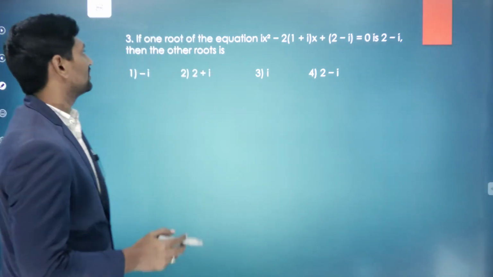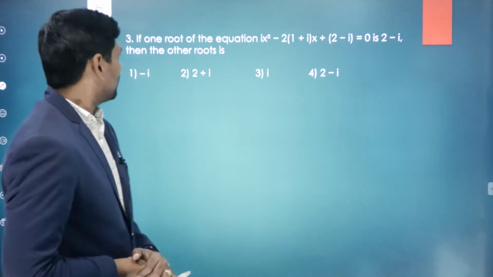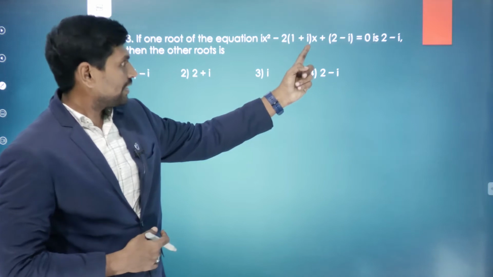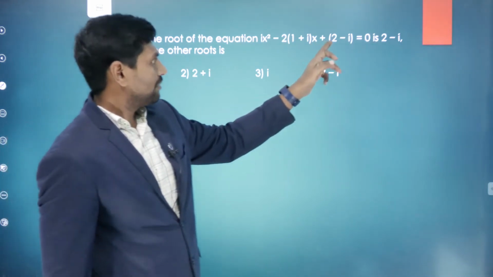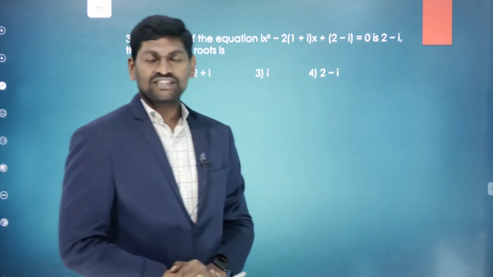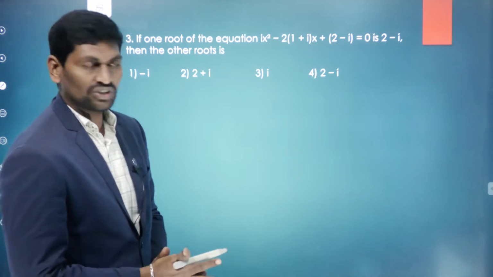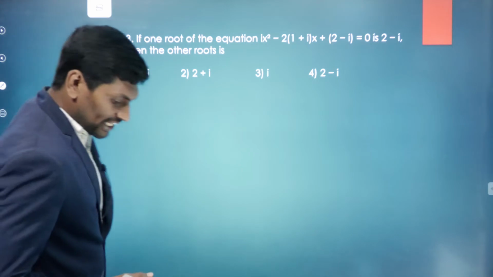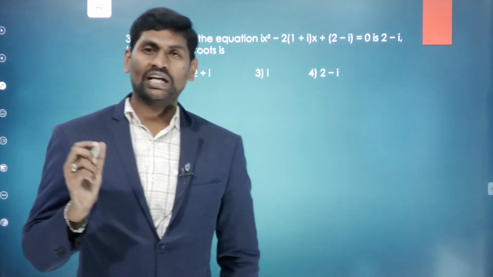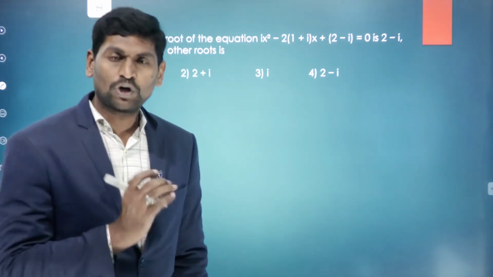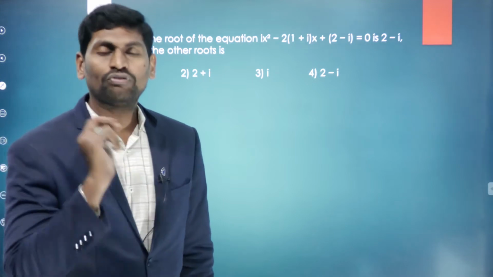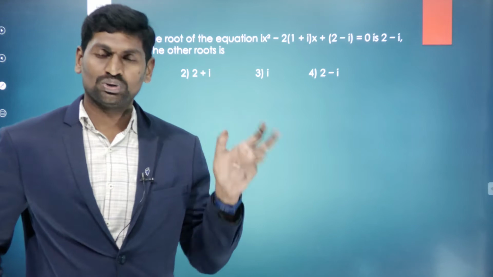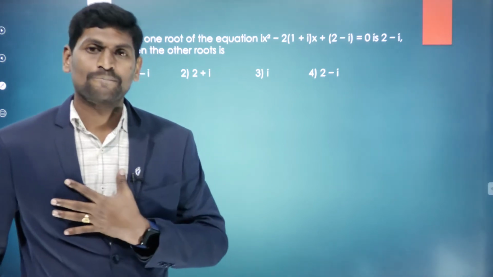Now the third one. If one of the roots of the equation x square minus 2(1 plus i)x plus (2 minus i) equal to 0 is 2 minus i. We already discussed that every quadratic equation or quadratic polynomial has two factors, two roots, two solutions, two zeros, whatever.